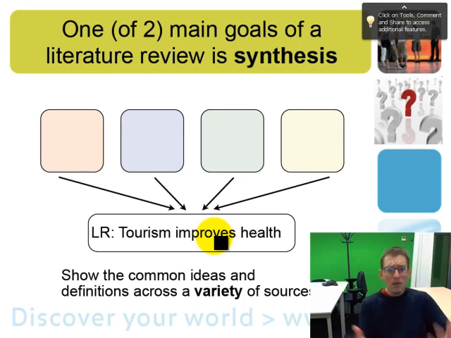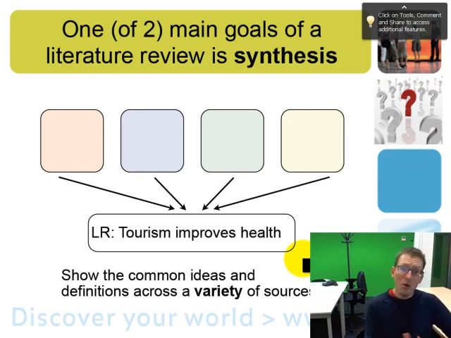When you sum up all these various findings, there seems to be this general pattern that holidays improve people's health. So in a literature review about the effects of tourism on health, you would write something like tourism improves health, and then talk about these different findings as support or as evidence for that conclusion.